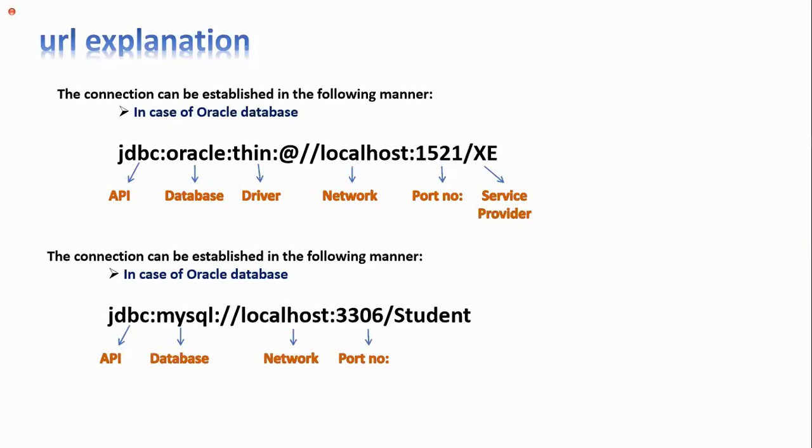Okay, sir, now tell me what is this student? This is student, I have written it. It will keep on changing depending upon the internal database that you would have created inside MySQL. So, student happens to be the database name.